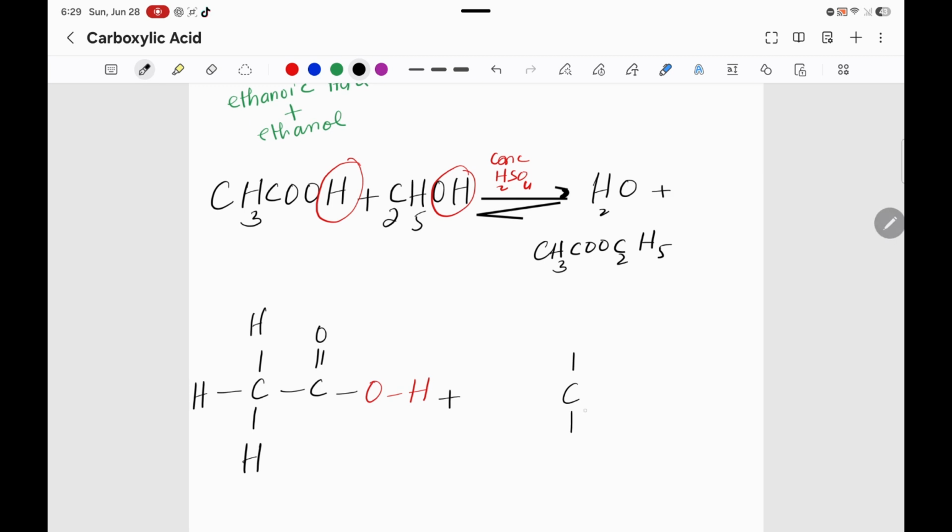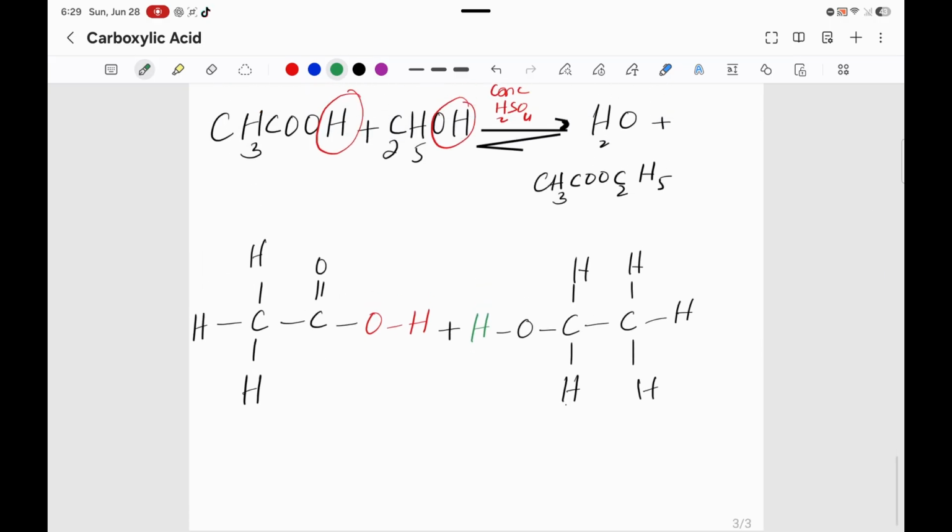Now I'm going to write ethanol, and similarly the hydrogen of the ethanol I am going to write with some other color so that you can better understand what is being removed.